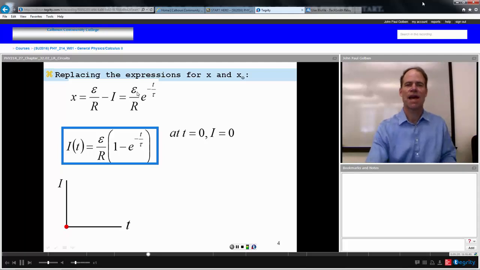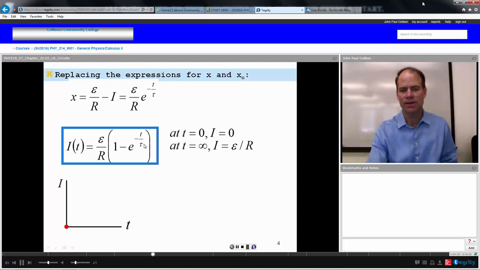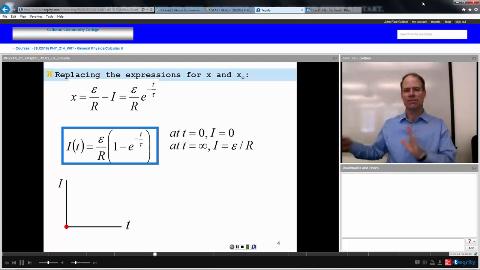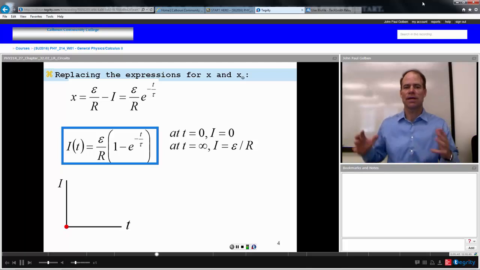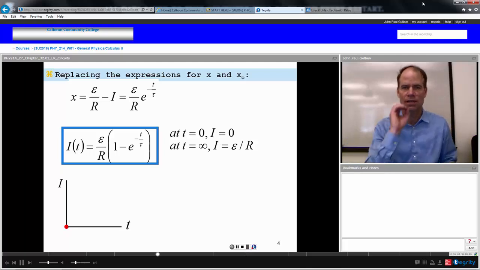What happens if I have the switch closed for a very long time? If the switch is closed for a very long time, t will approach infinity, and e to the negative infinity is, well, if you were to plot e to the negative infinity, it would asymptotically approach 0. And so e to the negative infinity is actually 0.